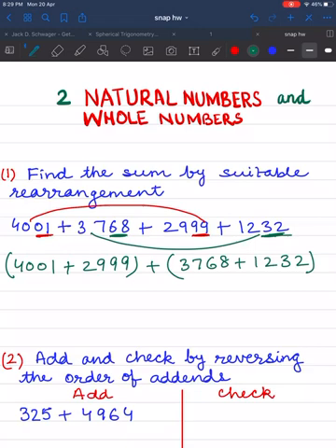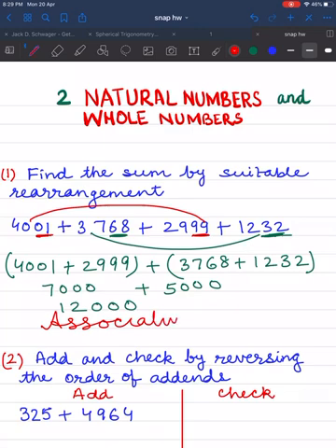So 7000 plus 5000 is equal to 12,000. Now which property am I using here? I am using associative property. Associative property states that we can rearrange the numbers and still arrive at the correct answer.